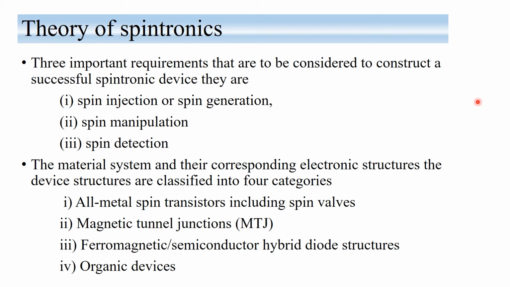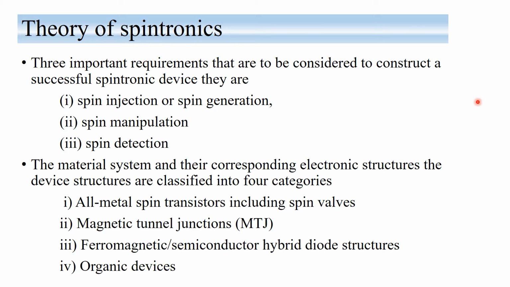The next step is spin manipulation, like if we are applying a magnetic field, we need to rotate the spin. And the third step is to detect the spin. In the material system and the corresponding electronic structures, the device structures are classified into four categories.